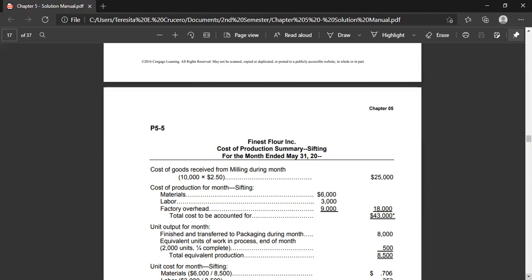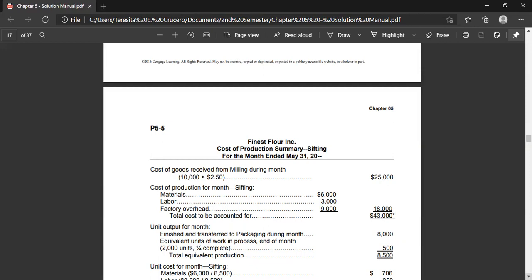Shifting during the month included is materials of 6,000, labor 3,000, and factory overhead of 9,000. So the total cost to be accounted for is 43,000. Next, we go to the unit output for the month.